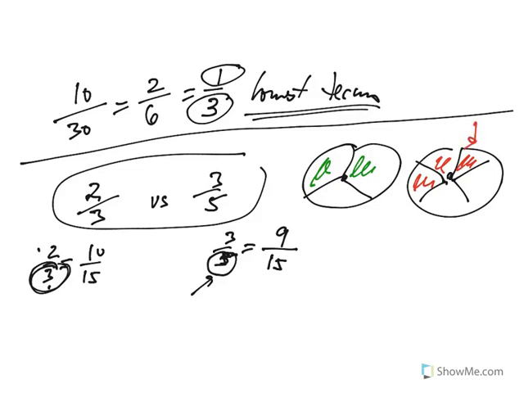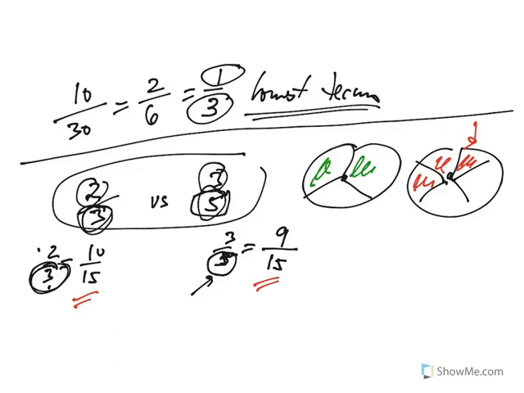This isn't well drawn. So that's comparing fractions with what's called common denominators. By getting the denominator to be the same number, which you could easily do by multiplying these numbers by this and these numbers by that, then you can compare them more easily.